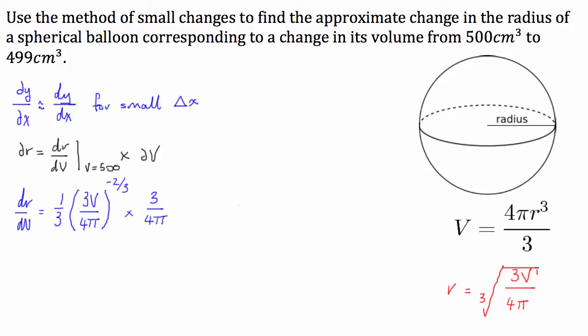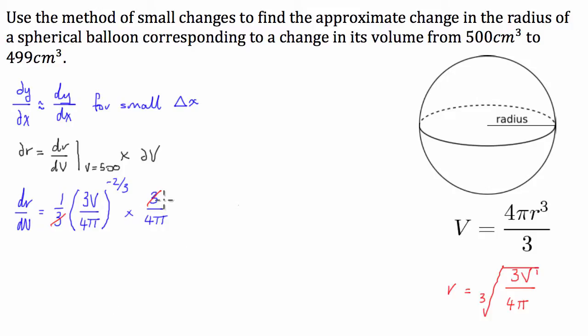Now for our own benefit, we're going to simplify that a bit. This third here and the 3 up the top will cancel out. Because this is a negative power outside the bracket, we can make that a positive power and flip the inside.